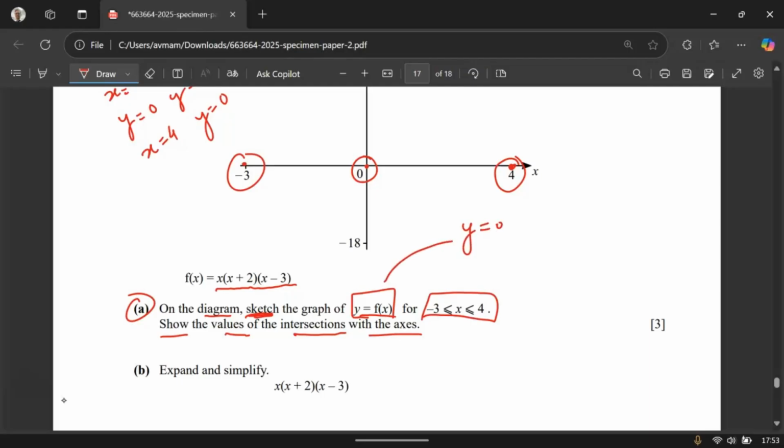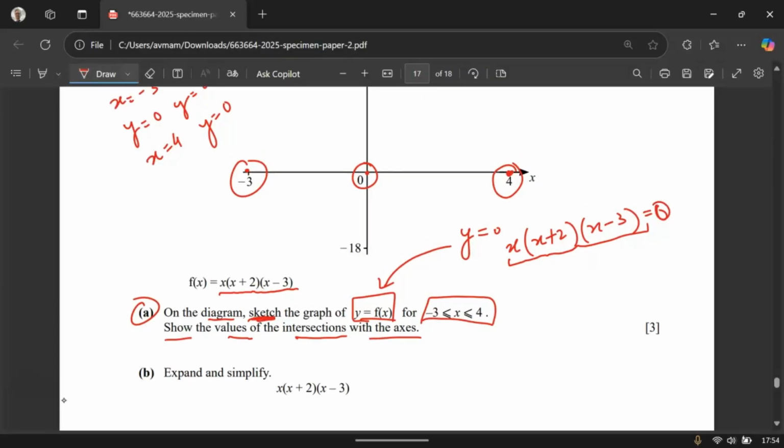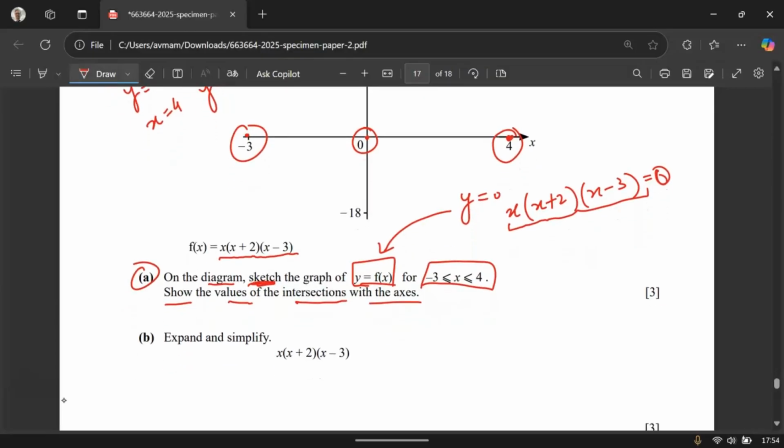Now it says y is equal to f of x. So we can say that x times (x plus 2) times (x minus 3) is f of x, which is y, which is equal to 0. Now, in this case, you are multiplying three expressions. When you multiply three expressions and the result is 0, then any one of them could be 0.